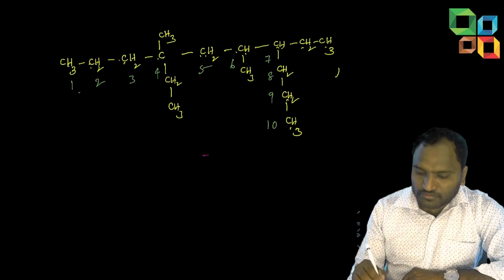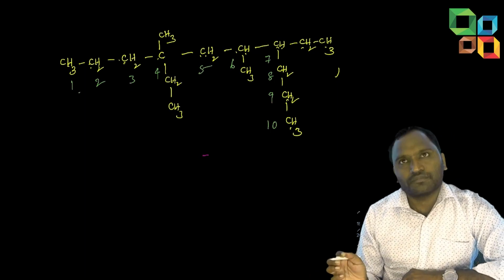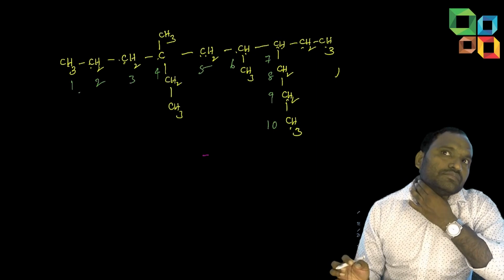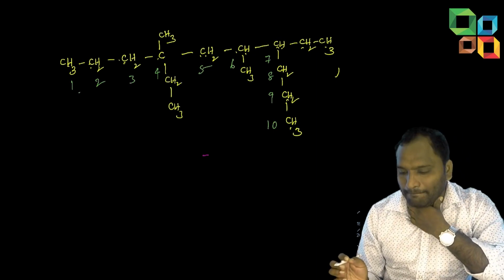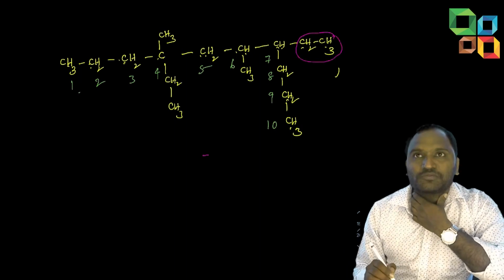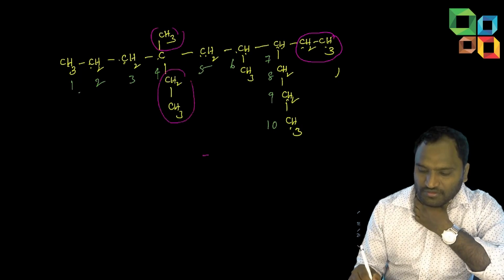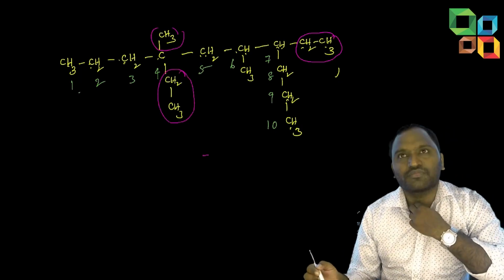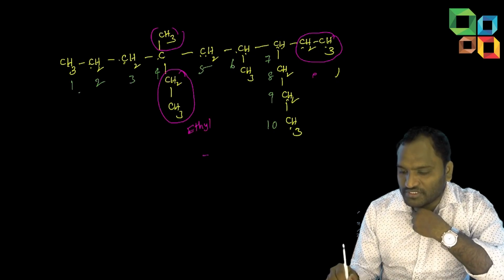Tell me the name of this compound, students. This group is ethyl group. This is one substituent. This one is ethyl. This one is ethyl.